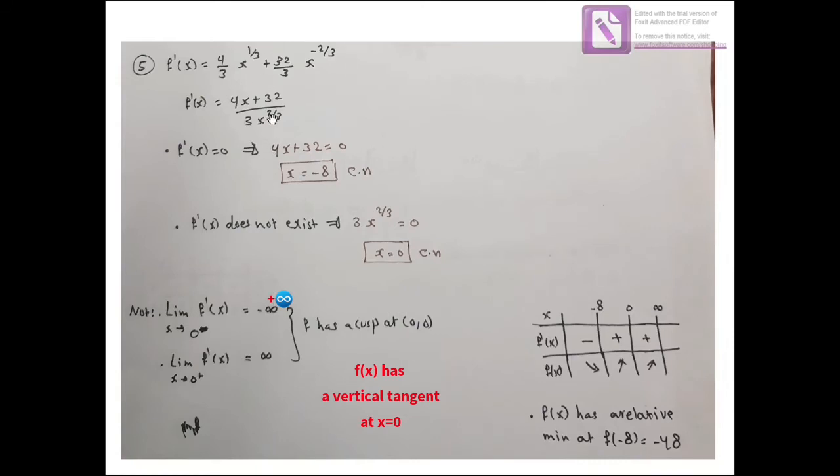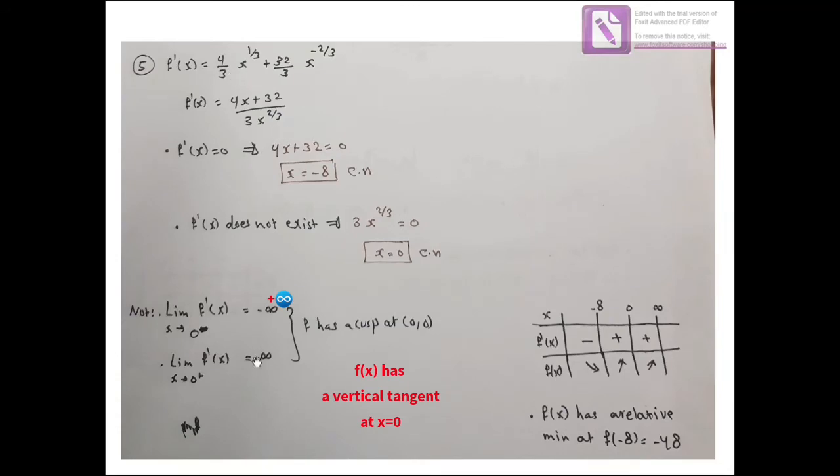So go to this function and replace x, where x approaches 0 from the left. That means we need to take a small number which is negative and close to 0. This will give us a big number which is negative, so this is minus infinity. And the limit of f'(x) when x approaches 0 from the right: take a small number which is positive but close to 0.